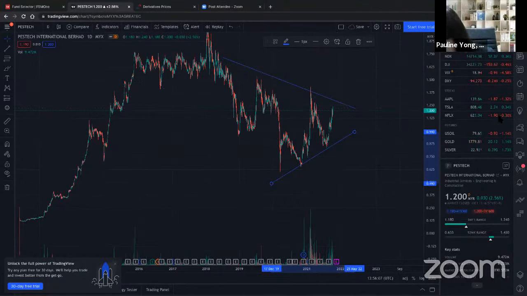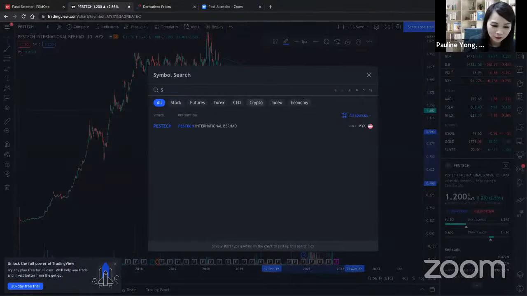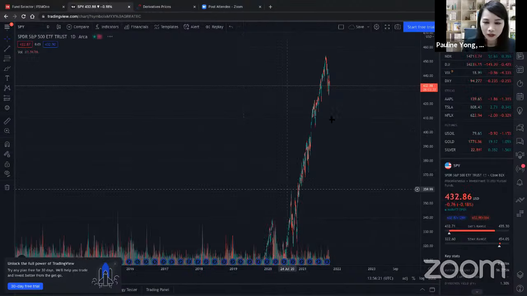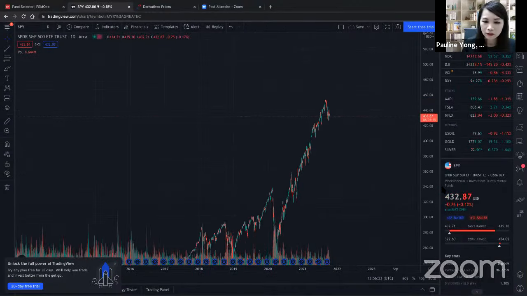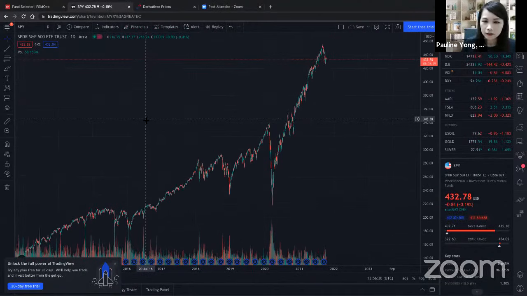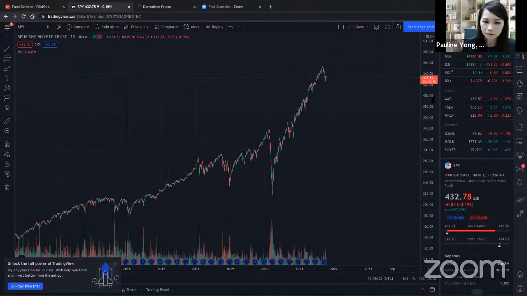And oh, so many here. S&P 500, SPY. If you can see, the chart itself is very steep over here, and their correction is very shallow.